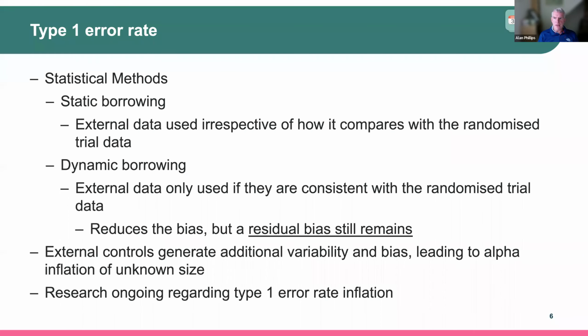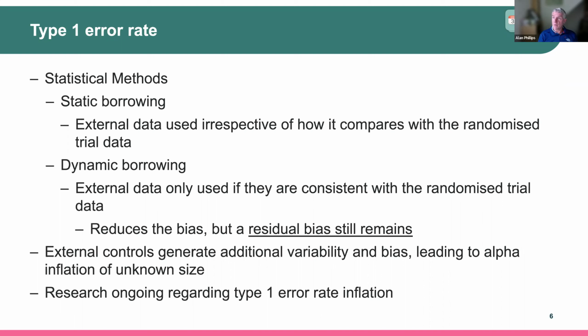Usually there's two methods that we as statisticians operate when we look at historical controls. One is called static borrowing, where the external data is used irrespective of how it compares with the randomized trial data. So we've got this historical control data that we're going to use. That's called static borrowing. Another one is dynamic borrowing, where we only use it if it's consistent with the randomized trial data.